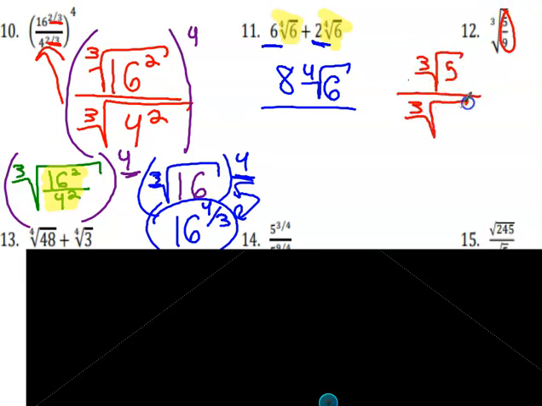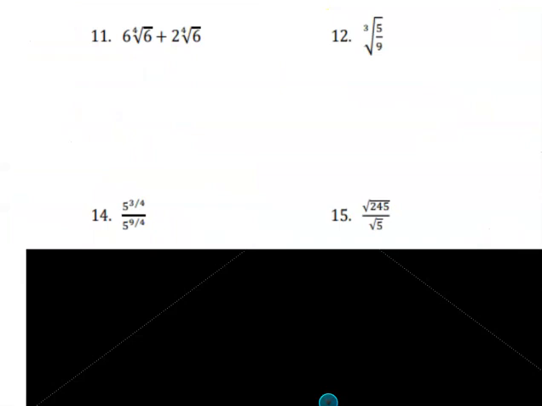Okay. Now, this is the tricky part. I need to get rid of the radical in the denominator. Okay, so how do I do that? So I need 3 of something in order for it to come out of the bottom. Right now I have, well, what goes into 9? 3 and 3.